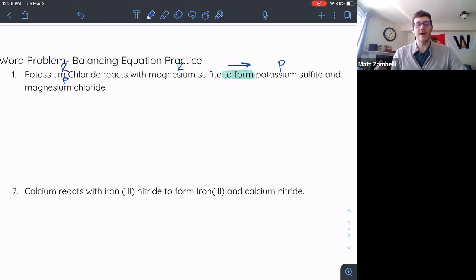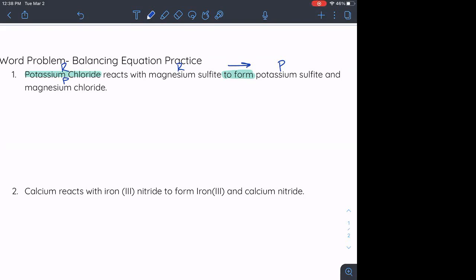All right, so now we actually have to write out this equation. So we have potassium chloride is our first reactant. So we need to figure out how to write this in formula form. So we need to figure out what potassium is as an ion and what chloride is as an ion. And then we have to find out what our formula is going to be. So what is potassium's element symbol?